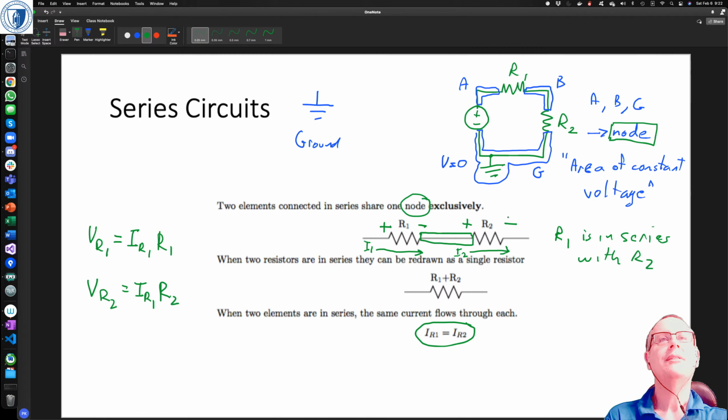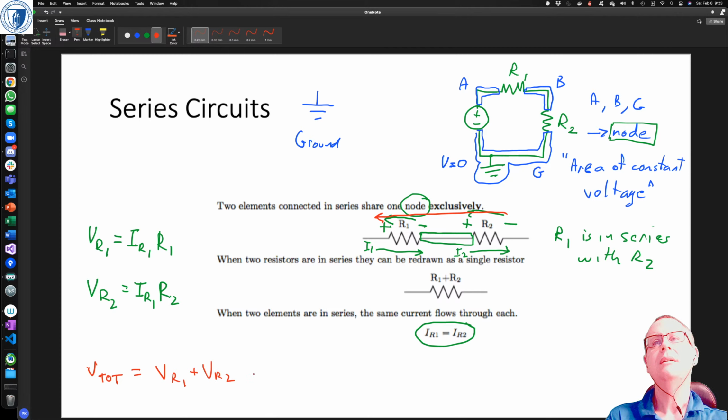So that's the voltages measured there and there. So the question is, what's the voltage measured from there to there? So V total is just equal to VR1 plus VR2.